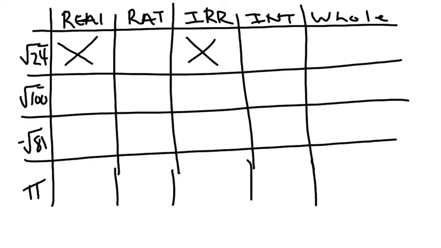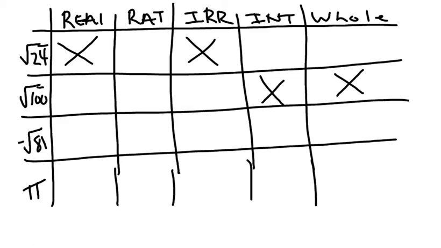Okay, what about the square root of 100? Well, the square root of 100 is 10. Okay? 10 is a whole number. Is 10 an integer? Is it sitting on my number line? Yes. Is 10 irrational? No, it's a perfect square.